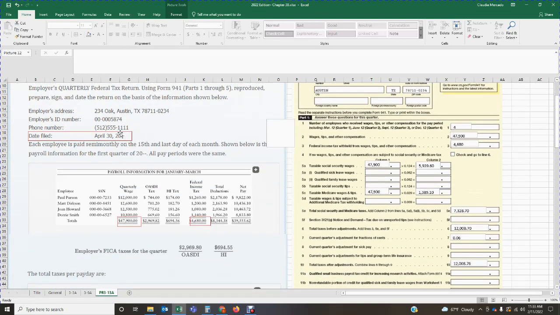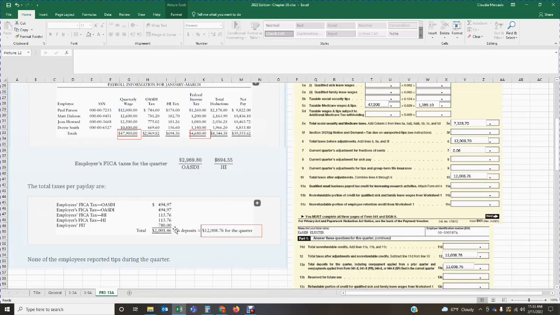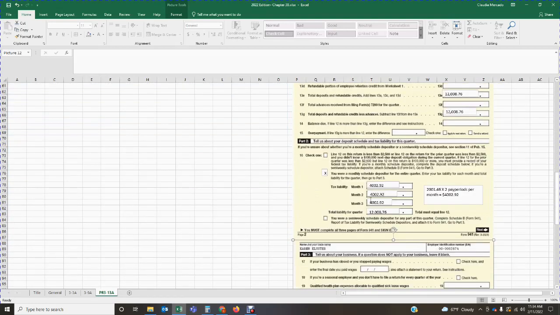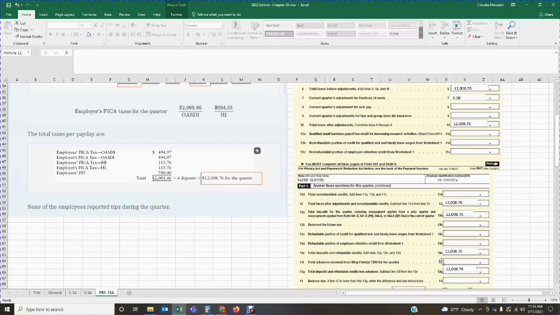The date it was filed was also provided to you. The amount of the payments being made was provided to you per pay period. And then you just had to multiply it by the number of pay periods in a month to calculate your January, February, and March, your month 1, month 2, month 3 tax liabilities. So that is basically it.